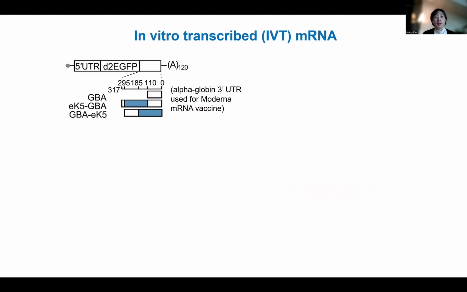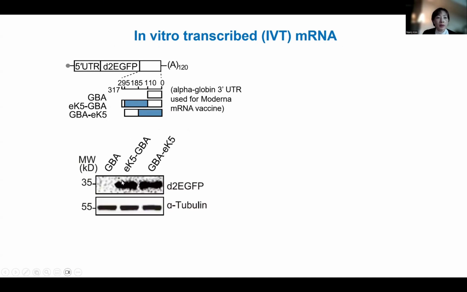What about in vitro transcribed mRNA? We generated eGFP-expressing mRNA with the alpha globin 3' UTR used for the Moderna mRNA vaccine, and we inserted EK5 either upstream or downstream, and found that after 72 hours, we detected robust eGFP expression, but not with the alpha globin UTR alone.